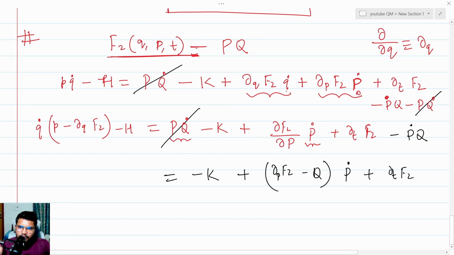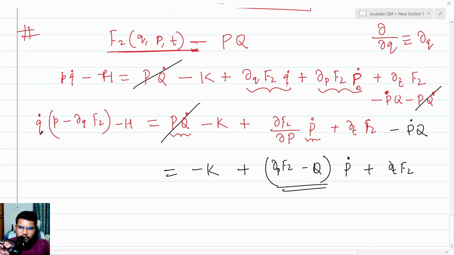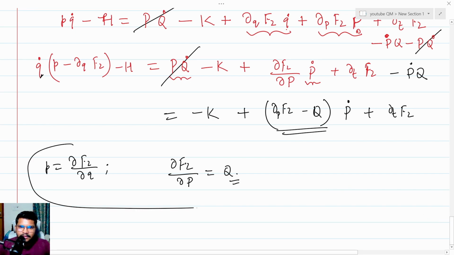The same thing is that whatever is appearing over here has to vanish in order to get the correspondence between H, K and F. And I will get p equal to del F2 by del q. Let me write it in full form, F2 by del q. And similarly, I will get del F2 by del P. It has to be capital Q equal to del F2 by del P. These have to be followed.